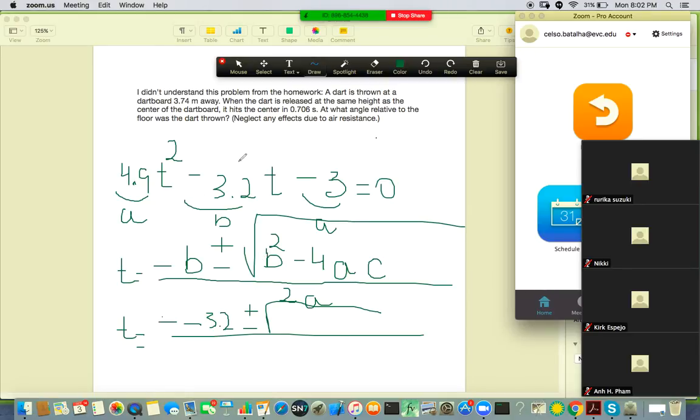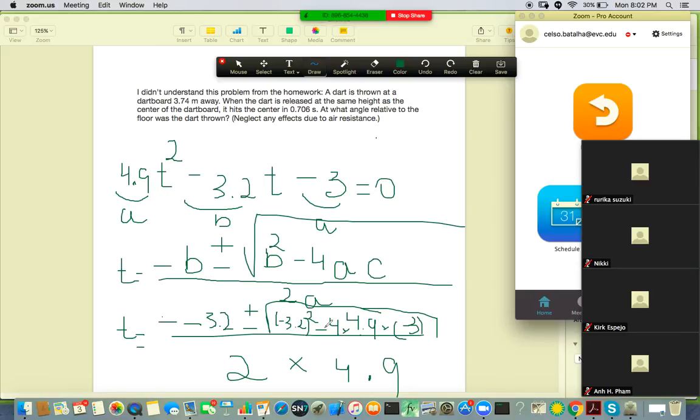When you take your negative 3.2 and square it, it's the same thing as 3.2 squared. Minus 4 times the coefficient A, 4.9, times the coefficient C, which in my example is negative 3. All of that divided by 2 times A, which is 4.9.